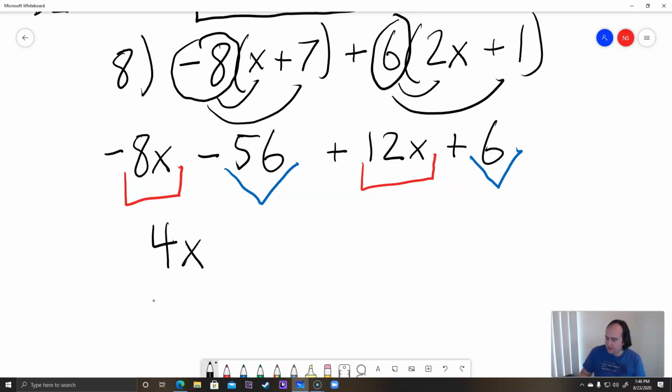And then for the other like terms, negative 56 plus 6, because they're opposite signs, you subtract. 56 minus 6 is 50, but you want to keep the sign of the larger number, so it's actually going to be negative 50, since 56 has a larger absolute value than 6. Okay? So our answer is going to be 4x minus 50.